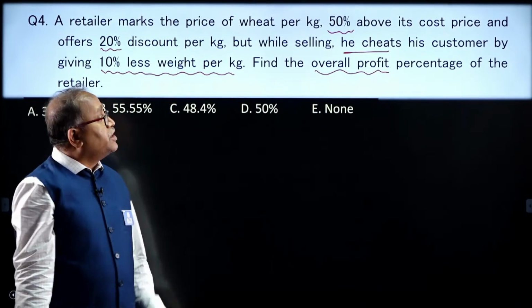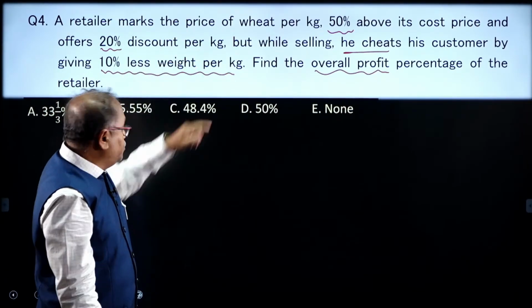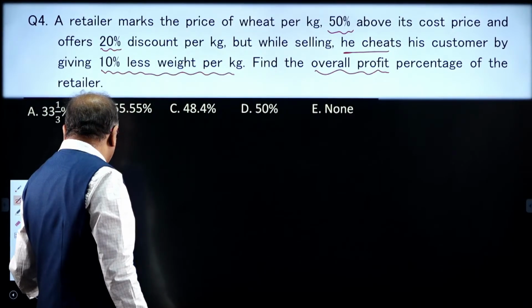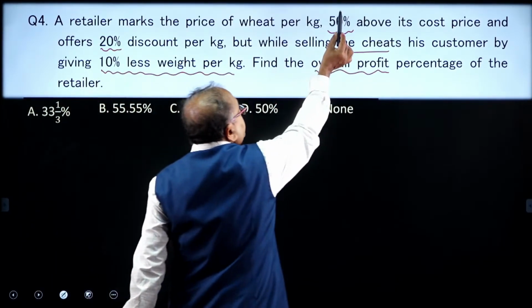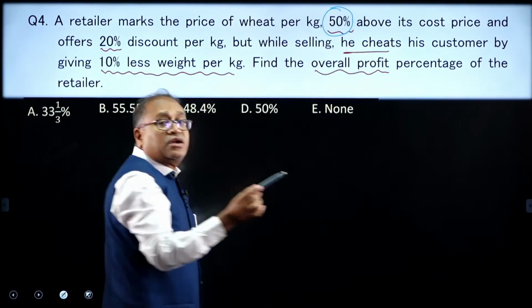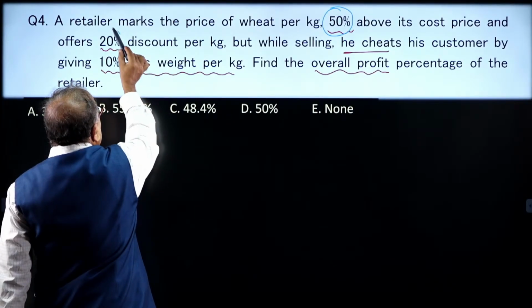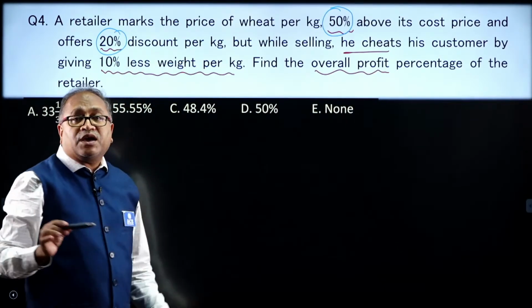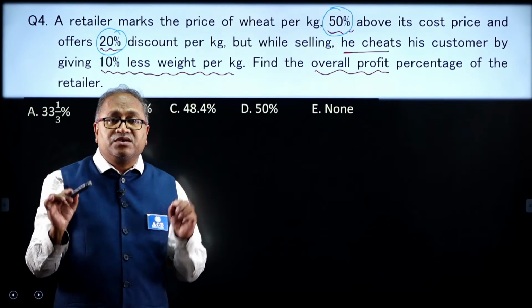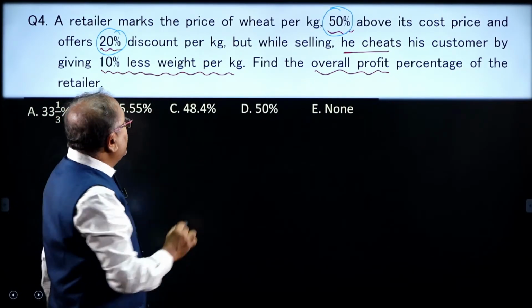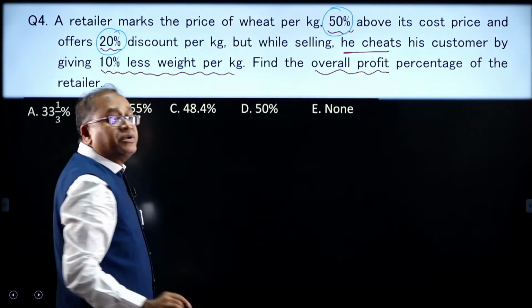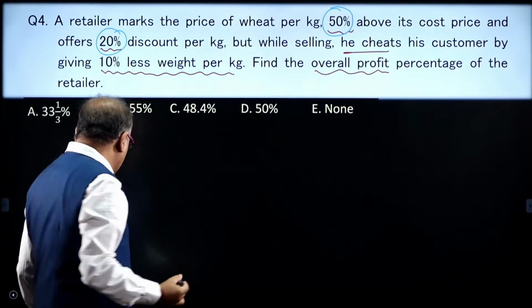Think of it by using these two pieces of information: the markup percentage is 50% and he gives a discount of 20%. I can get the profit or loss percentage from that. And coming over here, he gives 10% less. So, I will go with the same method.